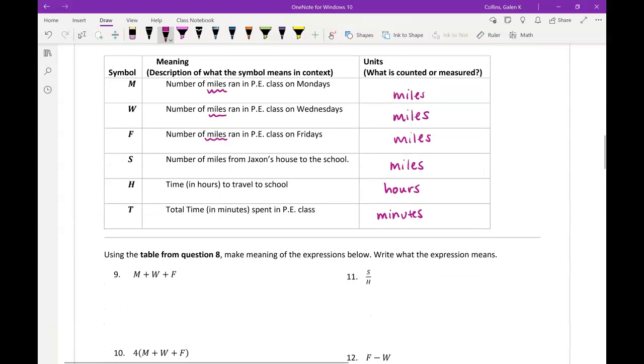All right, so for the next several questions, it looks like through 14, we are asked to use the table from question 8 to make meaning of the expressions below and write what the expression means. Another way of thinking about this is we're defining the expression in context.